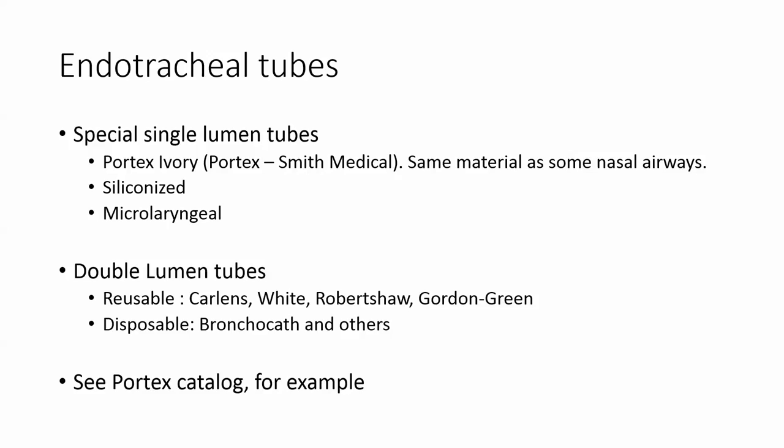Double lumen tubes are outside this podcast, and if you're interested in seeing what kind of endotracheal tubes are available, I recommend that you Google the Portex catalog, and you'll find there's a much larger selection of endotracheal tubes in the market than you see here in the UK.